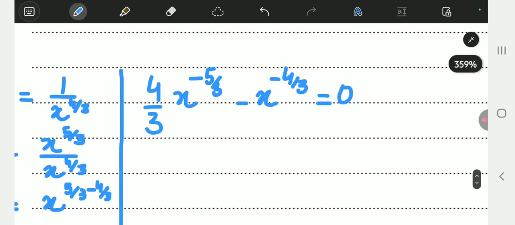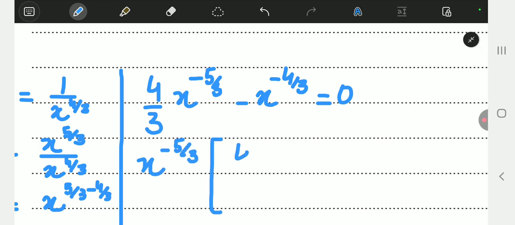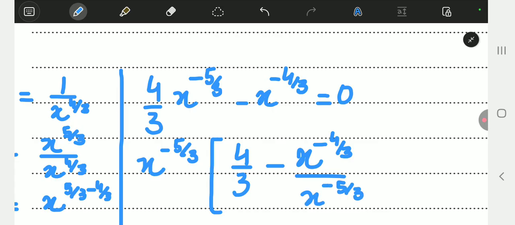So we take something in common. If we take x to the power minus 4 over 3 common, we have x to the power minus 4 over 3 times the bracket, equals 0.